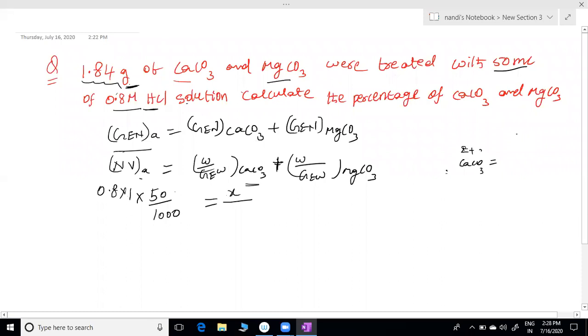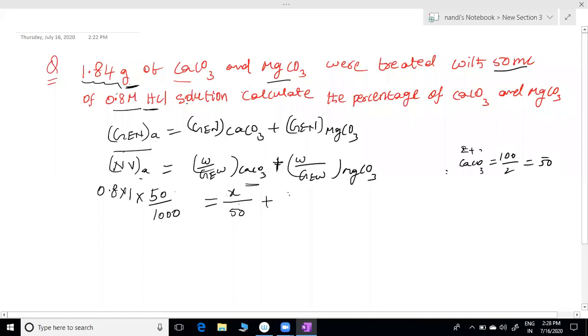So 100 by 2, remember directly, right? 50, plus 1.84 minus X. This is the weight of magnesium carbonate.